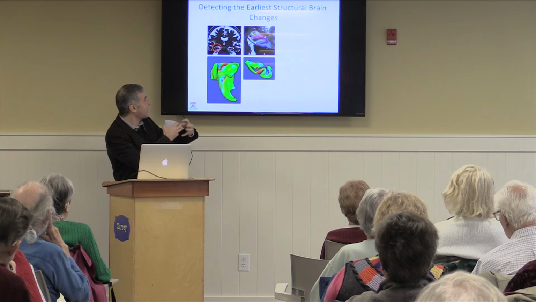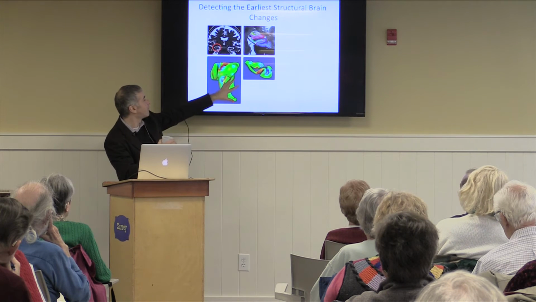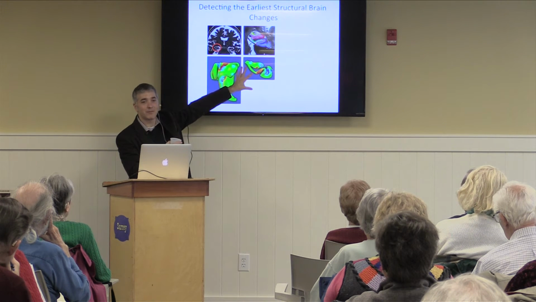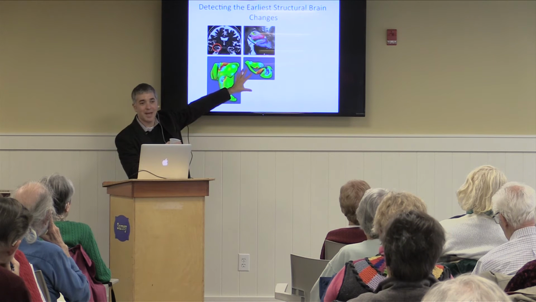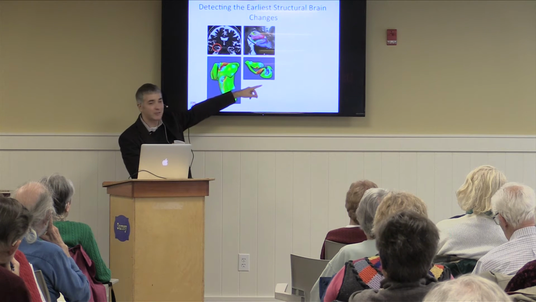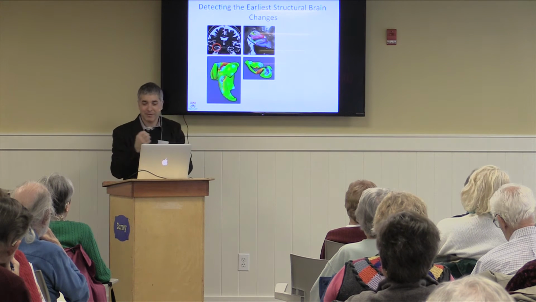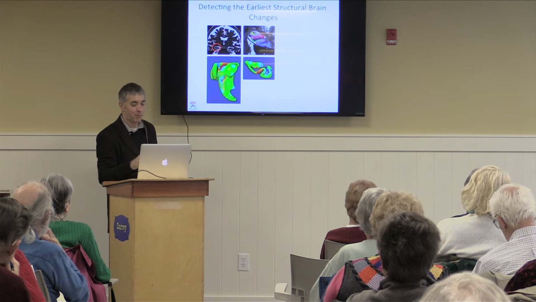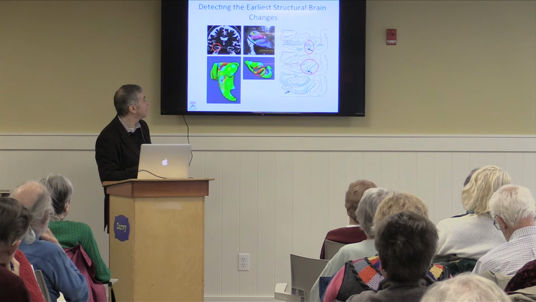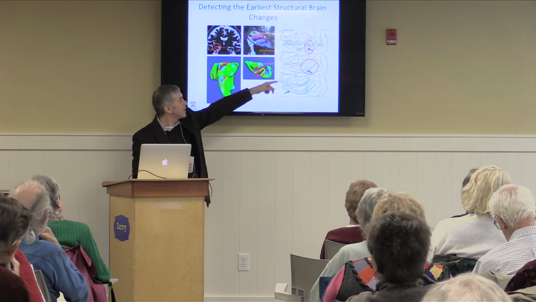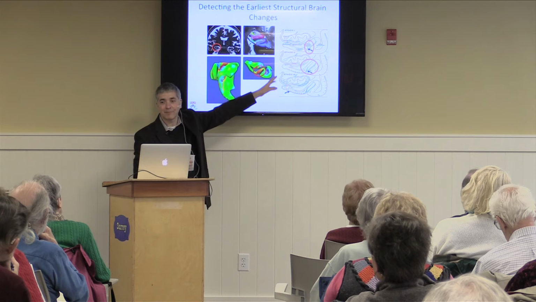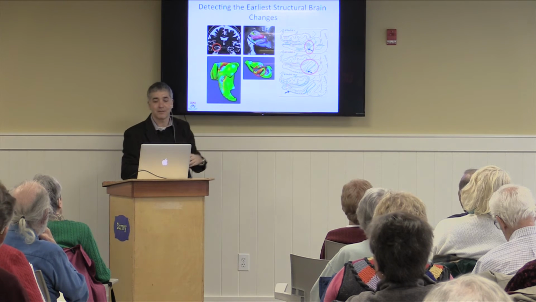We can take out that part of the brain and form an image of just the medial temporal lobes, the hippocampus, and look at where there's changes in the brain relative to normal people. And red areas here are where there's thinning of this part of the brain. And it turns out that that area of thinning is precisely the area where there are tangles that first form in the brain at the earliest phase of the disease.